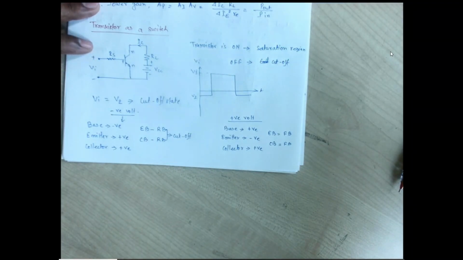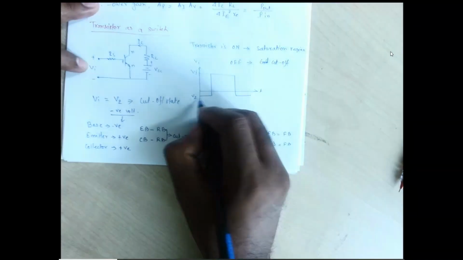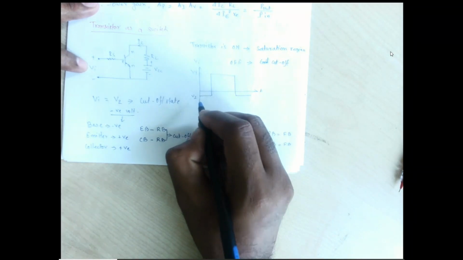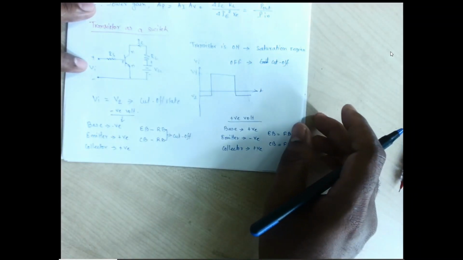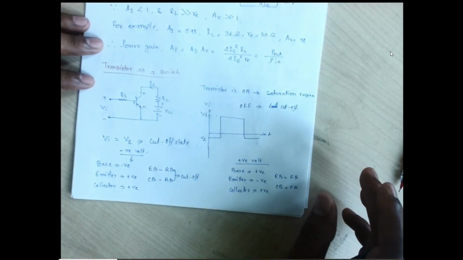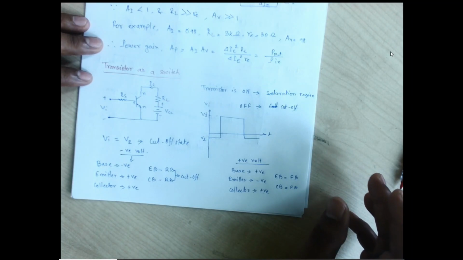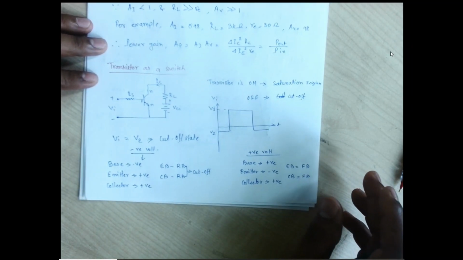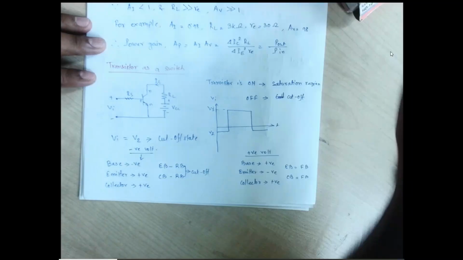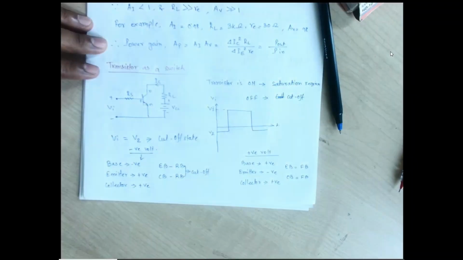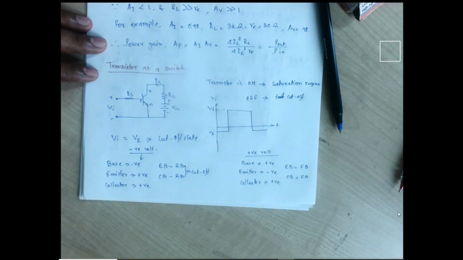When this transistor is provided with this negative voltage, we can operate it in the cutoff state of the transistor. So that is the switching action of a transistor. Clear? Any doubt? Anyone? So I'm just concluding up to this.